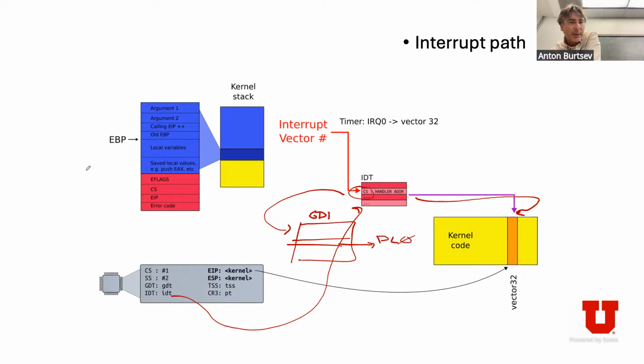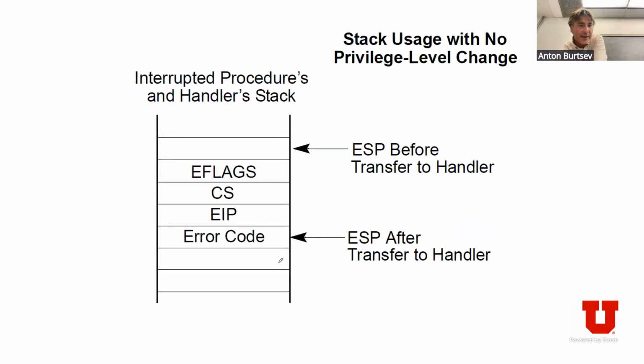At this point, the hardware will not switch the stack by default, because we trust the stack since we're already running in kernel mode. There is no reason to change, right? And since the stack does not change, you don't have to save the stack pointer and stack segment. Instead of 5 things, you just save these 3 things.